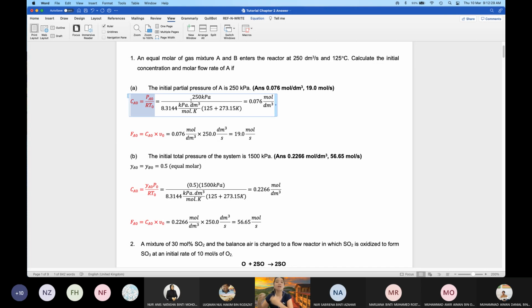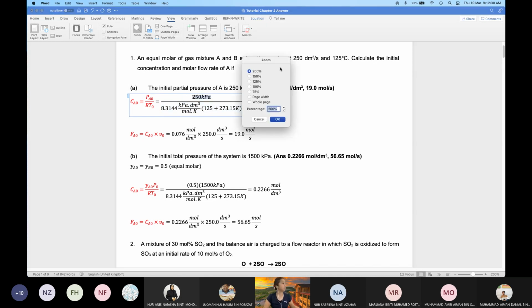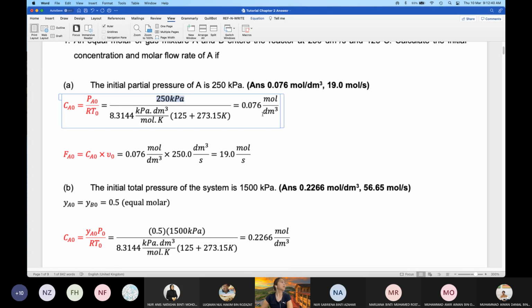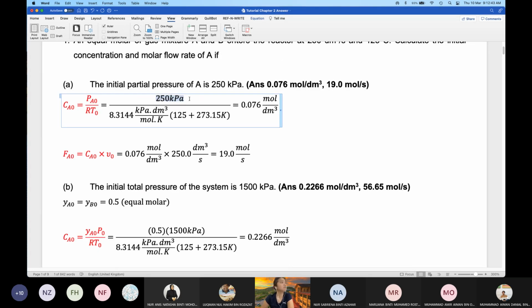So this is straightforward, not that difficult. PA0 we know is 250 kilopascal, as given in the question. I make it bigger, this is a bit too small. Next, the gas constant. This is also a question where students sometimes get confused, because we have different values of the gas constant depending on the unit.